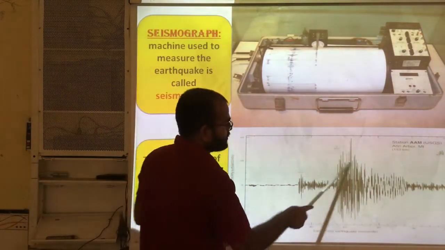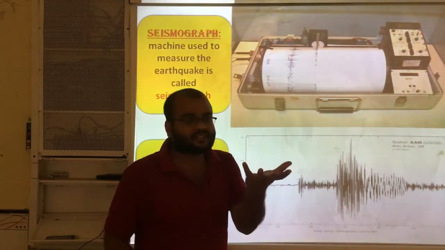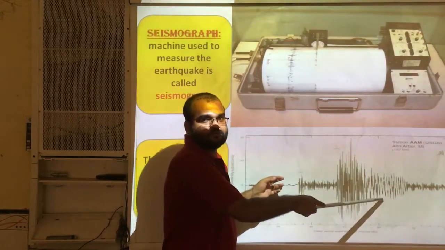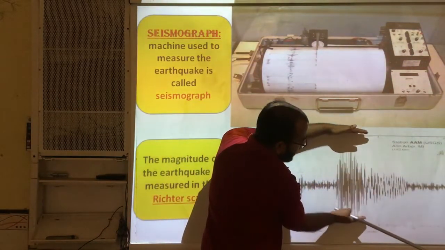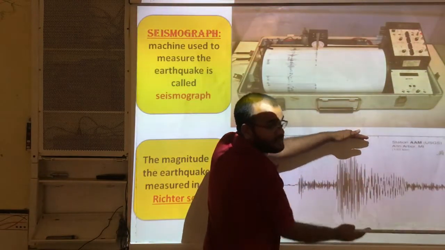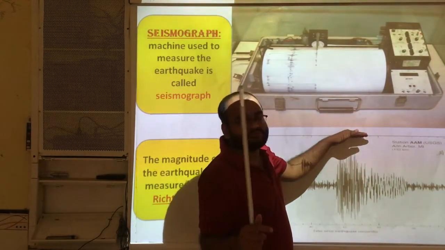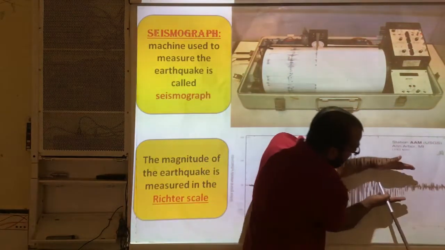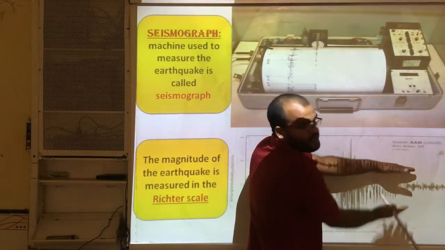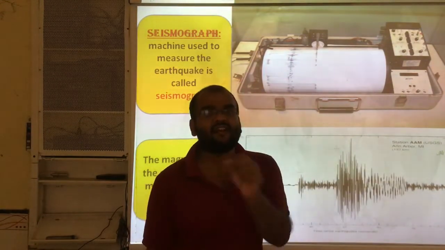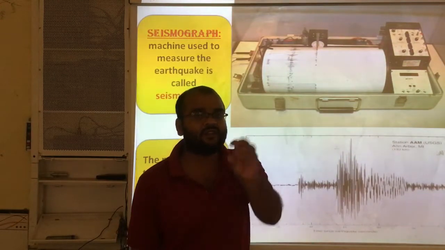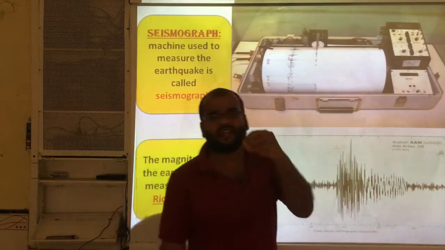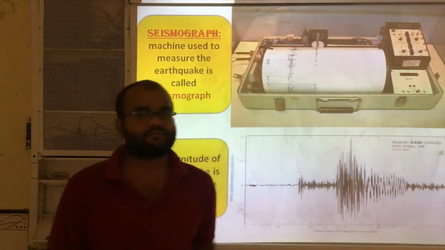Whenever the earth crust vibrates, the graph will come like this. If the magnitude is high, the damage is more. When the magnitude is less, the destruction caused by the earthquake is very less.